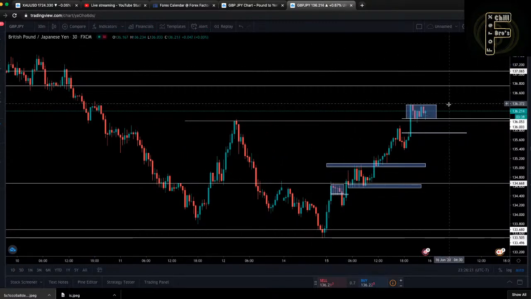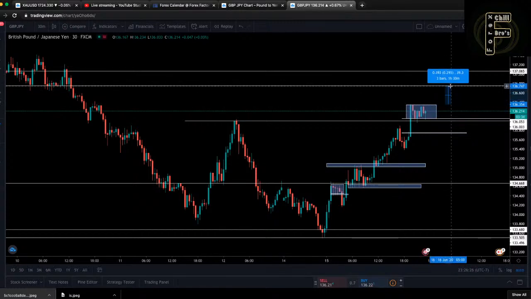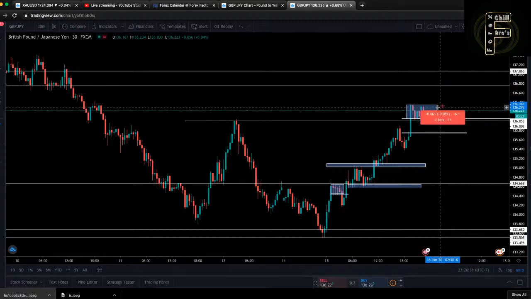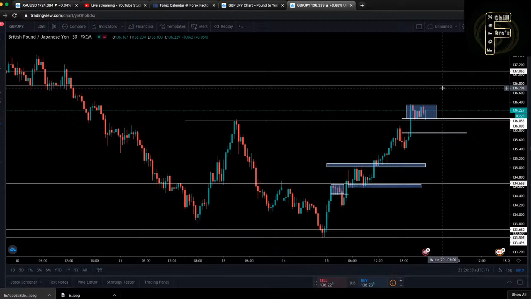If price breaks this place, there's a 39 pips move, 40 pips move. You can easily catch it if price breaks this range, so just wait.